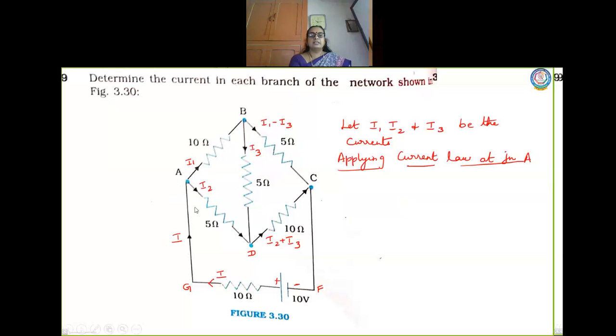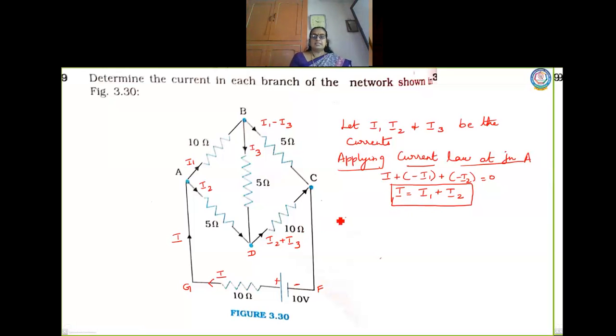So when I write the algebraic sum of all these, I minus I1 minus I2 equal to 0, or I is equal to I1 plus I2. This is the current entering and leaving as far as junction A is concerned.